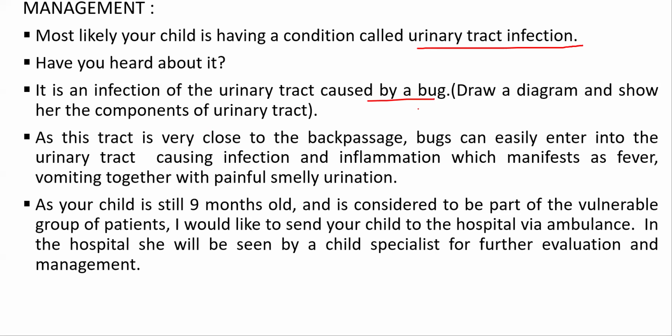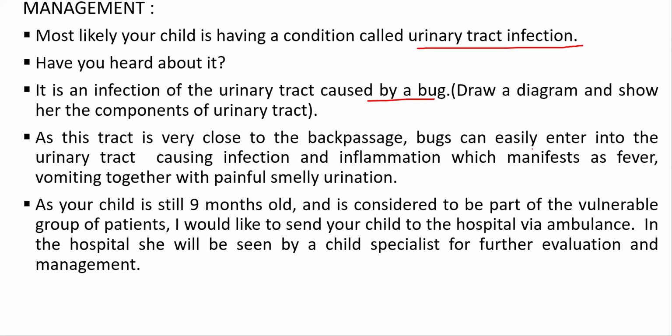Now, if you can explain the kidney, ureter, bladder, and explain how this urinary tract infection occurs if you have some time. Otherwise, just say in a very simple way that it is an infection of the urinary tract caused by a bacteria. Now, the female's urinary tract is very close to the back passage.